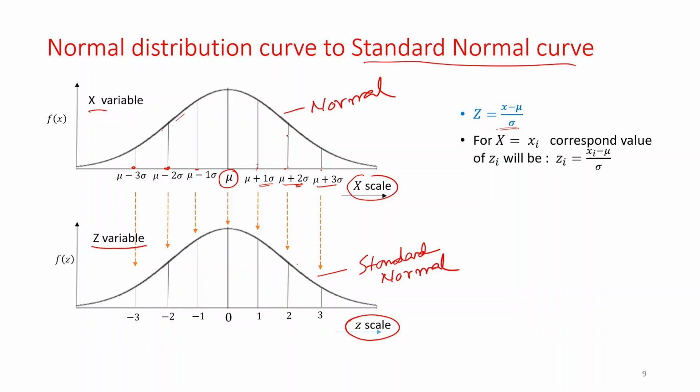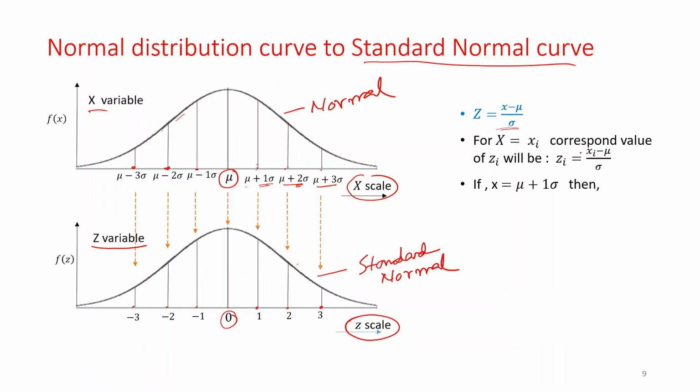Now when you transform it into the z variable, the mu becomes 0 here, because the z variable has a mean of 0. What was mu plus 1 sigma, in terms of the z scale, has the value z equal to 1. This will be z equal to 2, this z equal to 3, and this is minus 1, minus 2, minus 3. This will look like this.